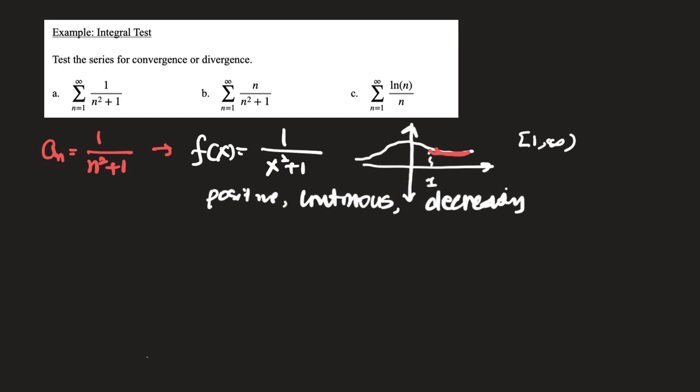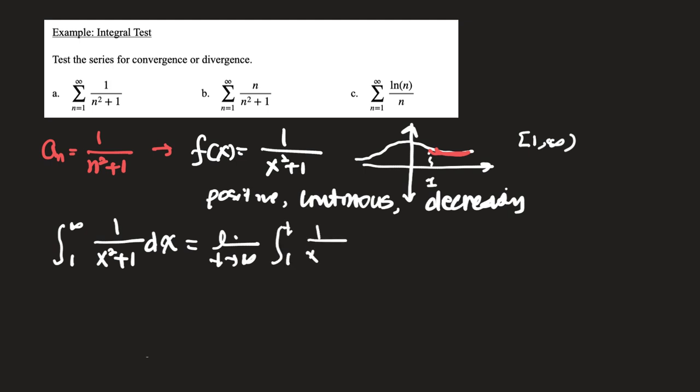So we're going to check the improper integral from 1 to infinity of 1 over x squared plus 1 dx. The definition of the improper integral is the limit as t approaches infinity of the integral from 1 to t of 1 over x squared plus 1 dx. What is the antiderivative of 1 over x squared plus 1? Arctangent.